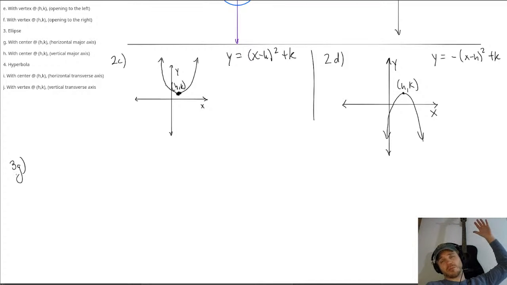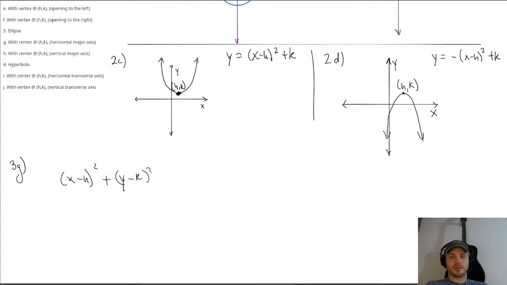Ellipses look really similar to the circle. So it's like (x minus h) squared plus (y minus k) squared equals r squared. So that's the circle.